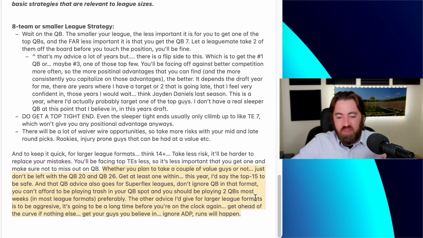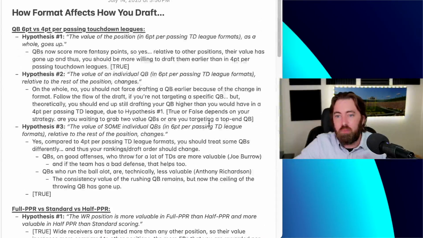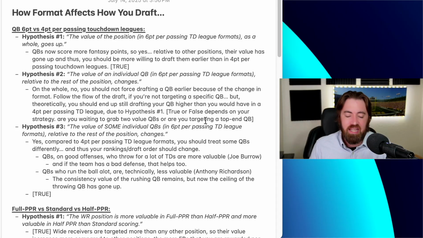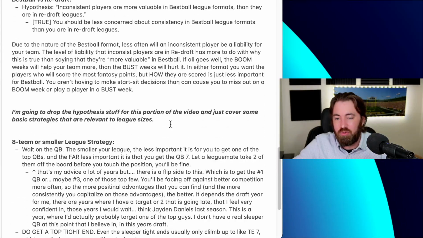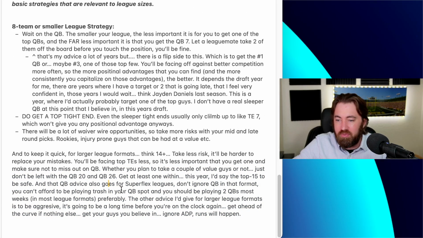So there you go. Those are some quick tips, strategy things based on differing formats, and all of these things can weigh up against each other. Speaking of that last advice, you can't afford to be playing trash at your quarterback spot, and you should be playing 2 quarterbacks in most league formats preferably.